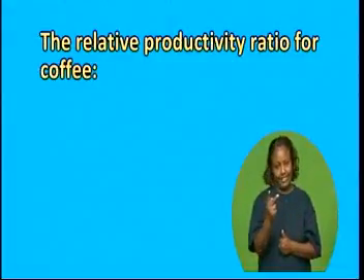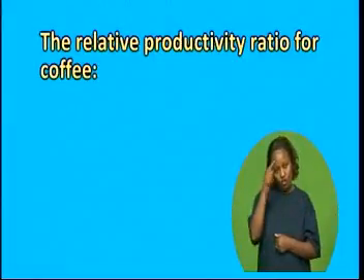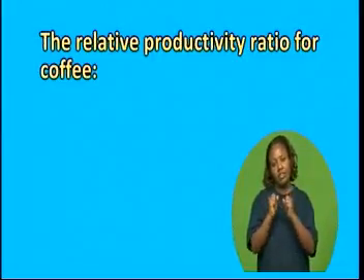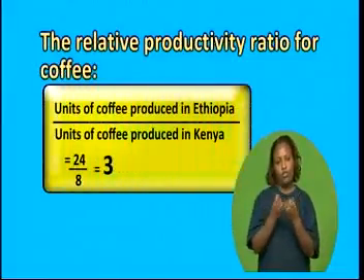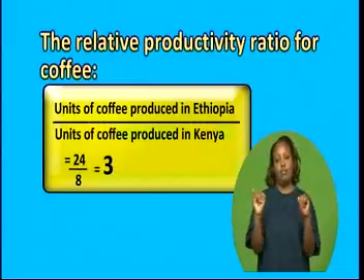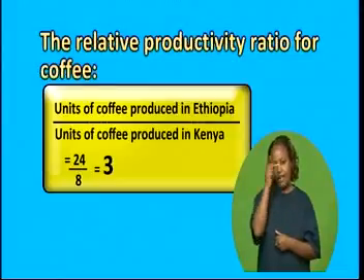First, let's see the relative productivity ratios for coffee and tea, where the relative productivity ratio for coffee is the units of coffee produced in Ethiopia divided by the units of coffee produced in Kenya.